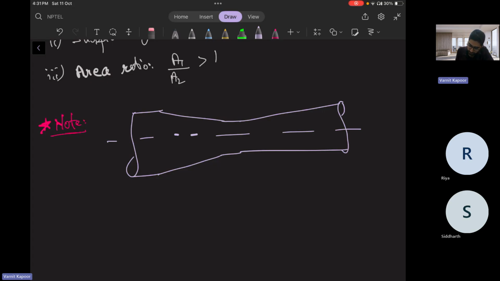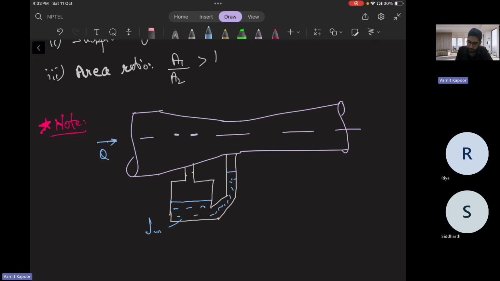So if my device is attached like this, and suppose my other side is inclined, then attached like this, my deflection will be something like this. This is my rho of M, this is my flow rate Q, and this is my rho of L.